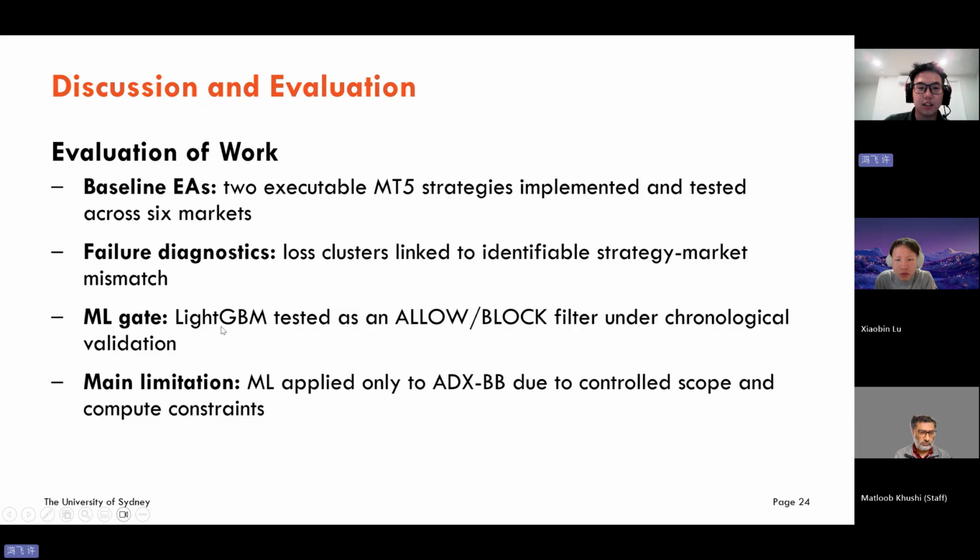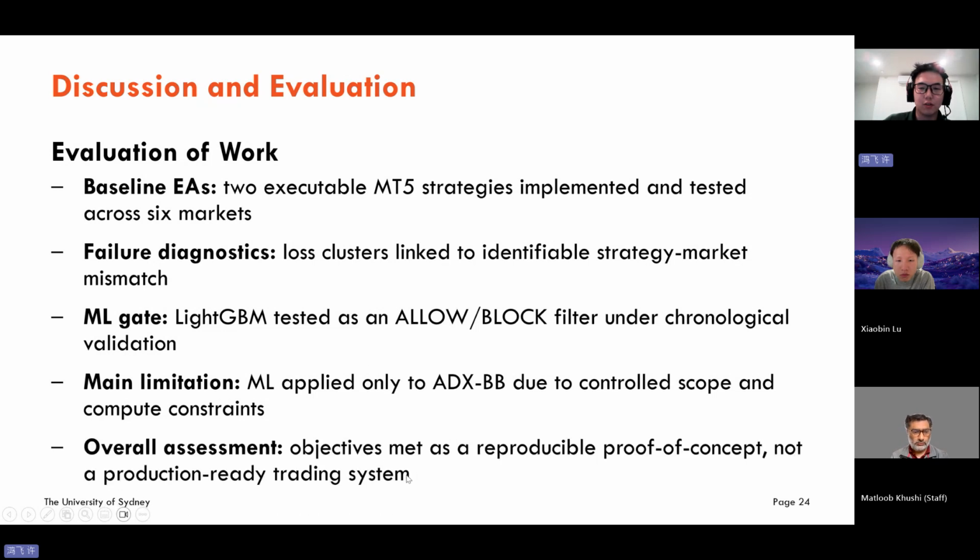Machine learning was tested as a gate, a block filter, under chronological validation. The main limitation is that machine learning was applied only to ADX Bollinger Band due to the scope and the computer constraints. If I got a better computer, I could do more. That's the overall assessment.